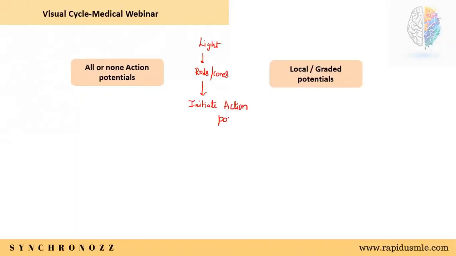So this is the prime function. How action potential is generated, we'll discuss. But before that, the main thing is light is getting converted into action potential. This is phototransduction. The mechanism will be discussed.